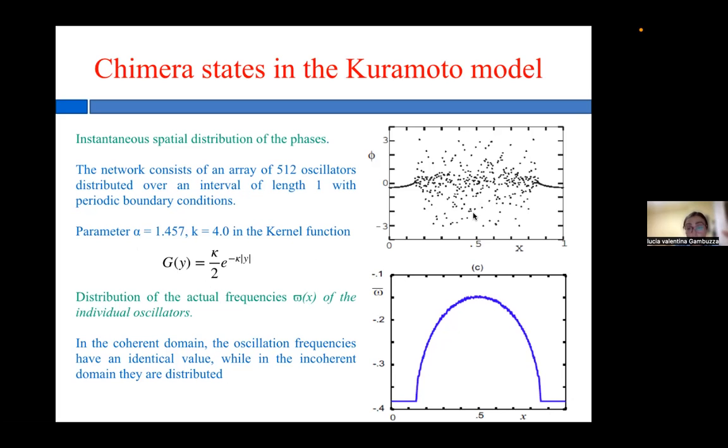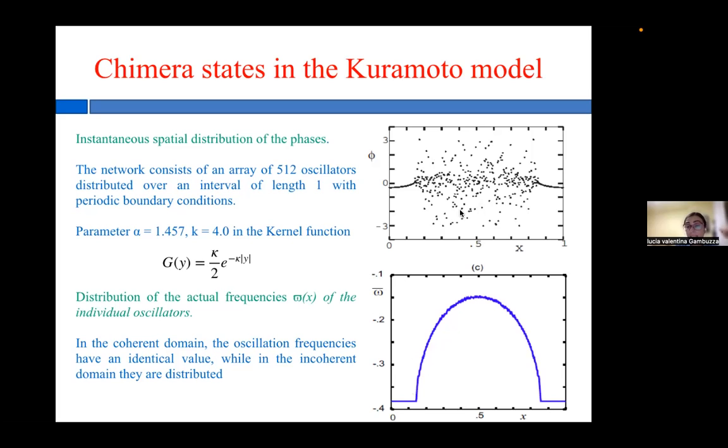In the top panel, we can see the instantaneous distribution of the phases of each unit of the network, while in the bottom we have the distribution of the actual frequency of each unit. It's clear that in the first and in the last part of the two pictures the units are coherent, so the units have the same phase, and in the bottom we can see that they have the same actual frequency.